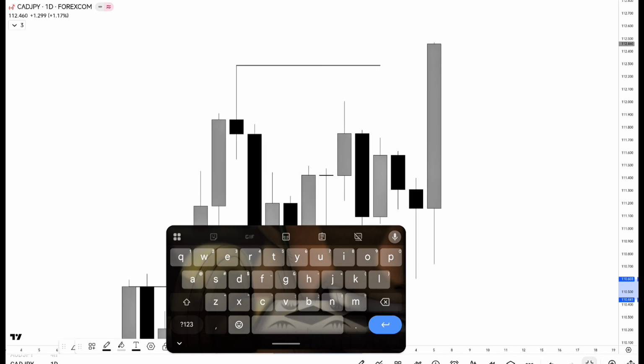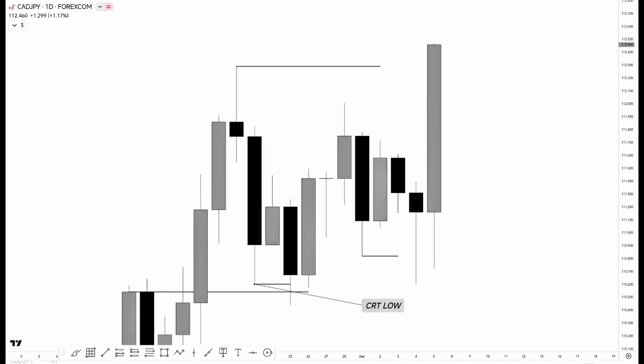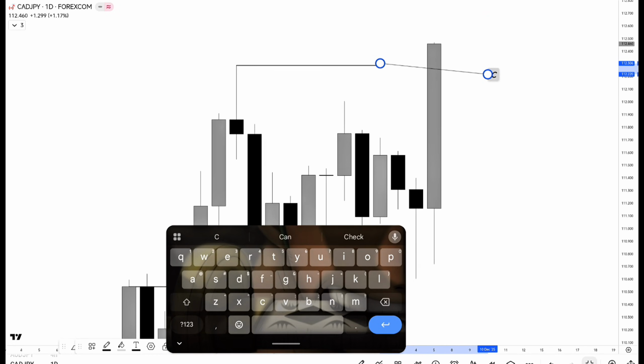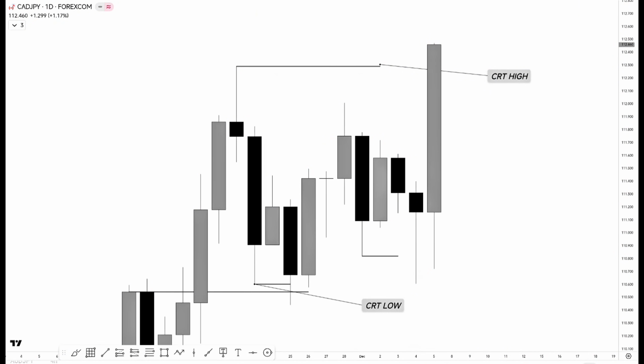Let me just write CRT low. So that's a CRT low, and this is the CRT high. Just get familiar and follow the flow. Yeah, so take a look at that.